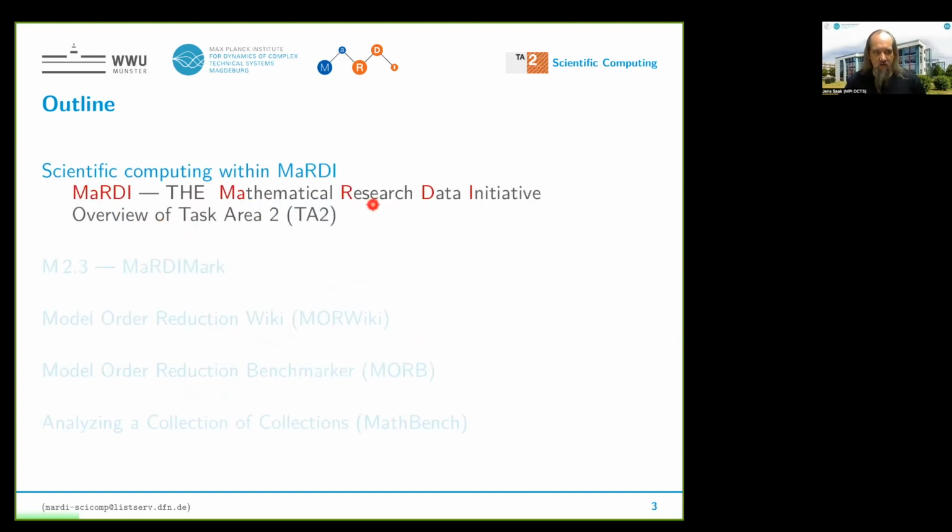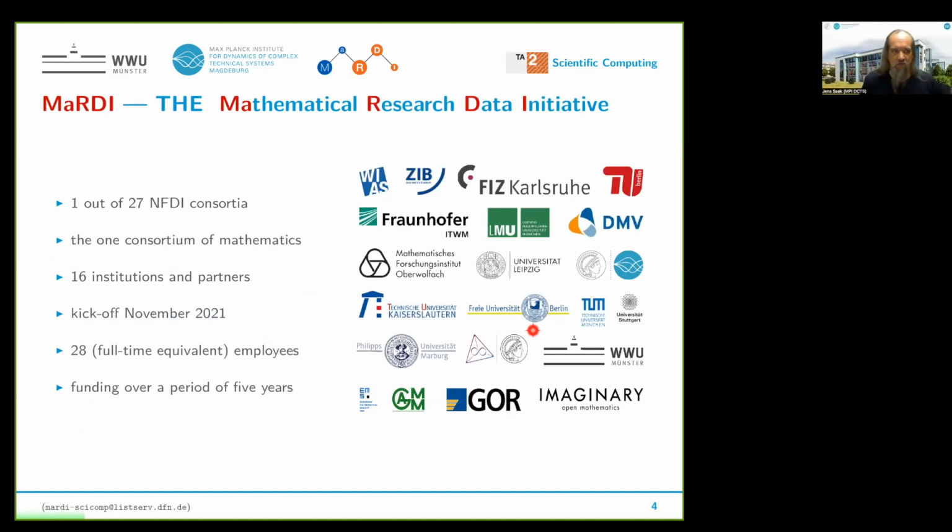So let's start with MaRDI, which stands for the Mathematical Research Data Initiative. It's the only one inside the National Research Data Initiative that has the math covered. I'll go a bit into an overview of what the task area itself is. MaRDI is one out of the 27 currently funded consortia inside the National Research Data Initiative.